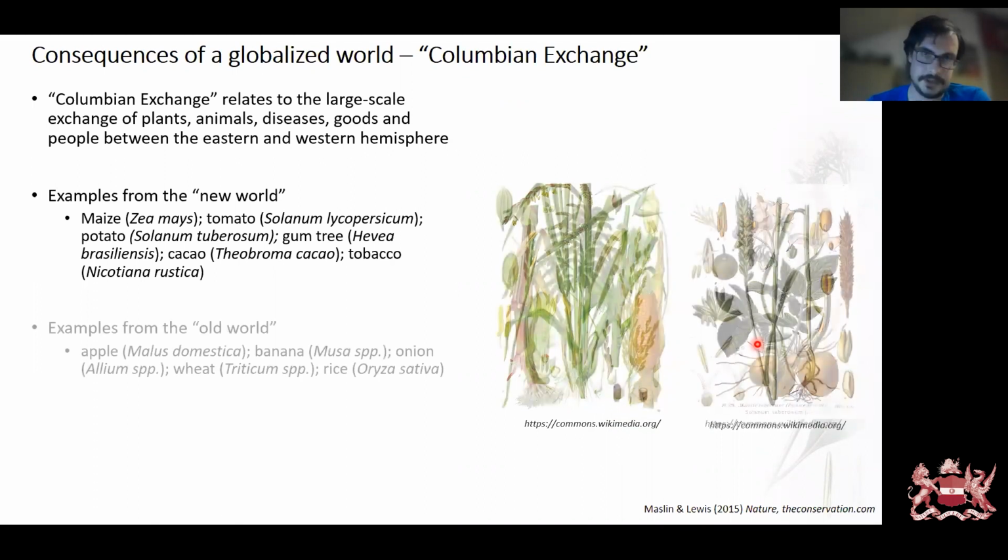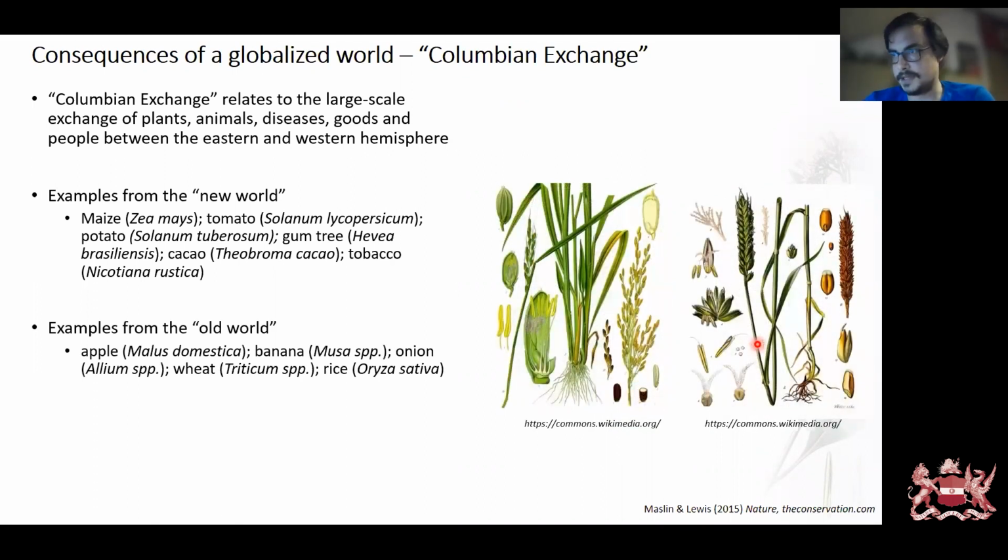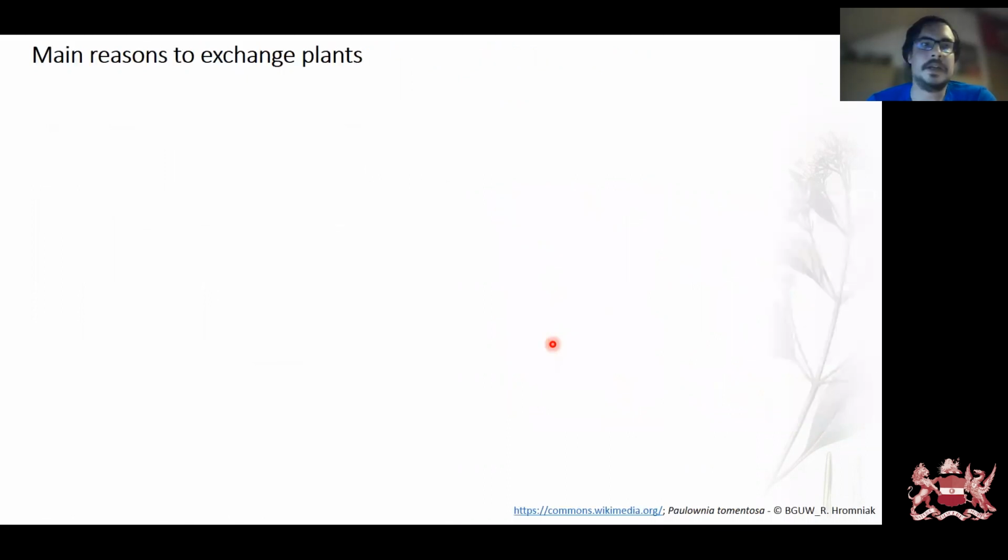But also in the other direction, some examples, mainly apple, banana, but also onion, or as you can see in the pictures, wheat species or rice. As you might already get from the selection of examples, initially this trade was very much dominated by economically useful plants that were moved between the hemispheres.